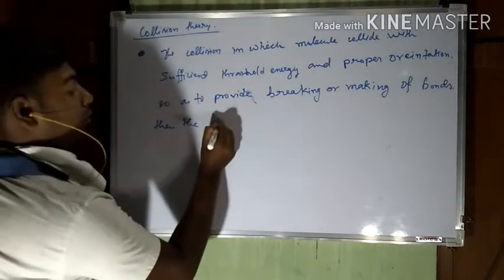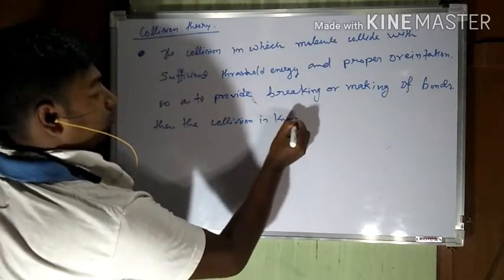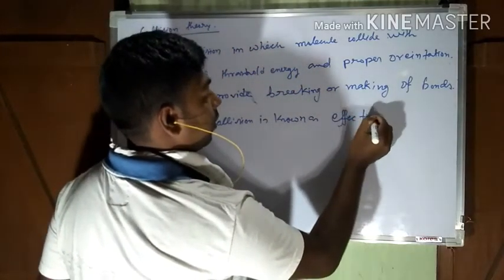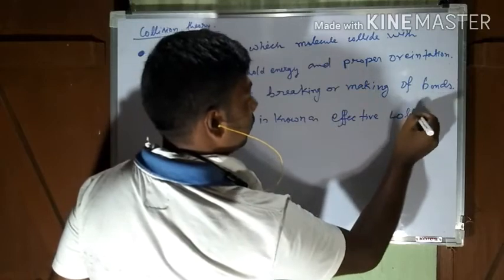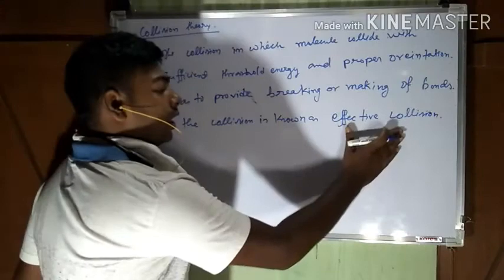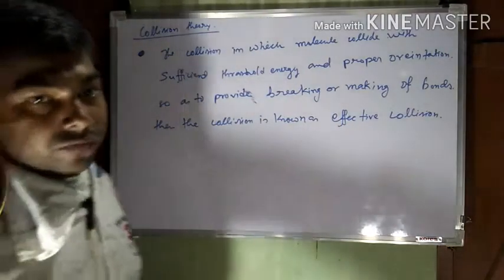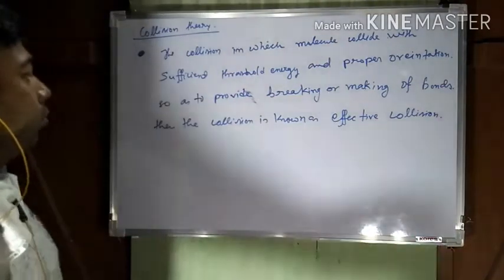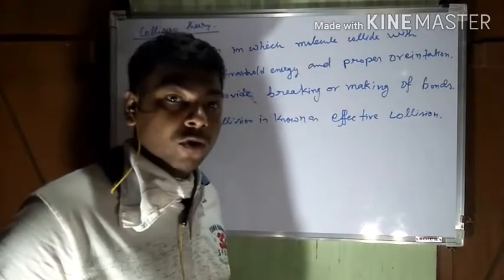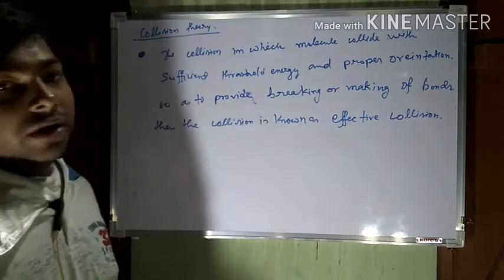Then the collision is known as effective collision. Remember, effective collision. That means, in a single sentence, the effective collisions are the collisions which have sufficient threshold energy and proper orientation so as to provide chemical bond formation or chemical bond breaking to get our new product.